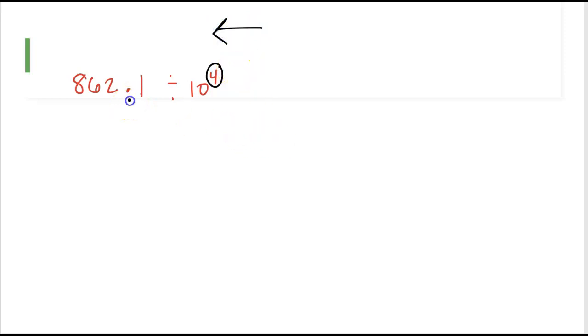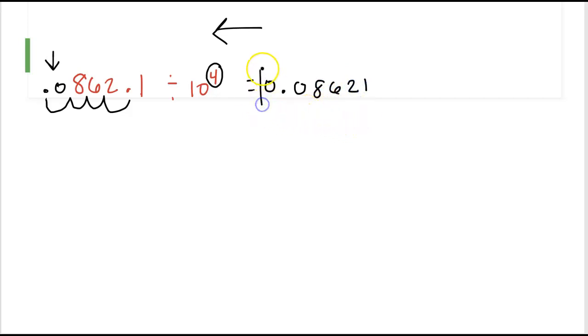Okay, so I'm going to take my decimal and I'm going to move it 4 places. 1, 2, 3. Mr. Walker, there's no more numbers. That's okay. Dig a hole, place your decimal, and let's fill this hole with a 0. So that's going to give me 0.08621. And that is my quotient, because the answer to a division problem is a quotient.